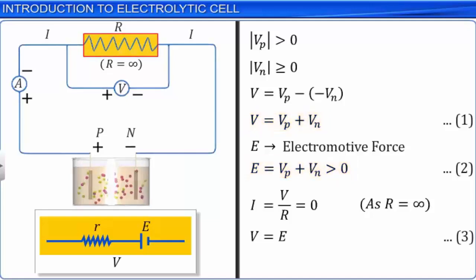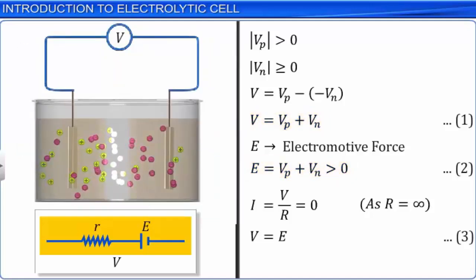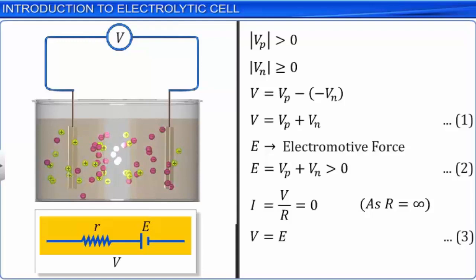From equation 3, we can conclude that EMF, E, is the potential difference between the positive and negative electrodes in an open circuit. That is, when there is no current passing through the cell.